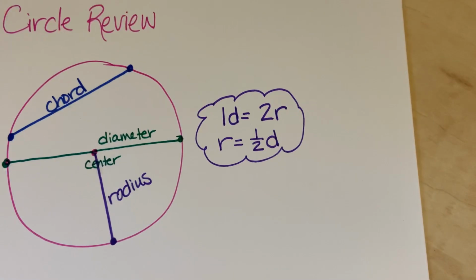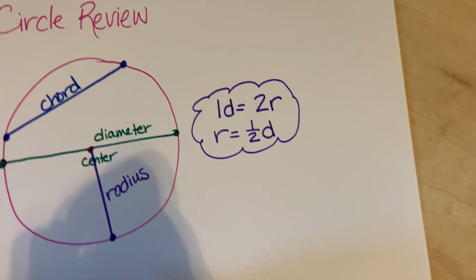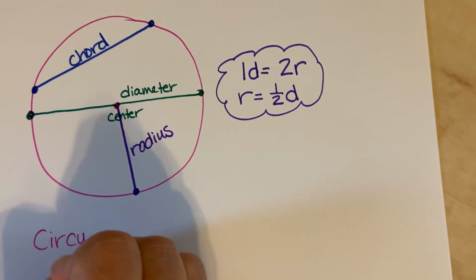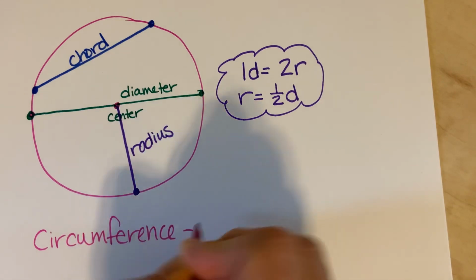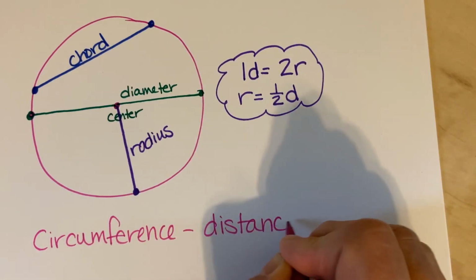All right, the circumference of your circle is the distance around. Okay, so when we talk about circumference, that's always the distance around the circle. It's kind of like the perimeter of the circle.